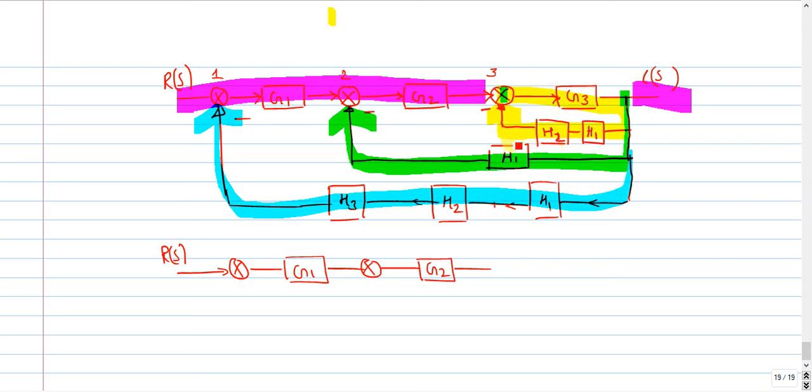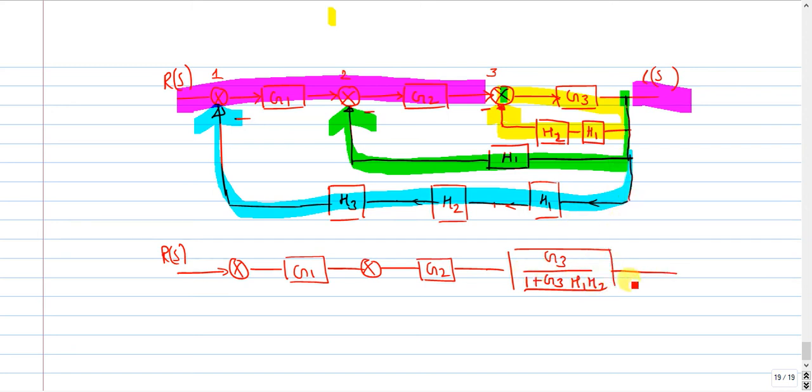So this will be reduced, and I will eliminate that particular third summing point, and I will rewrite in a complete block form, that is G3 by, and it has a negative sign, 1 plus G3 H2 H1. Okay, this will be the block.